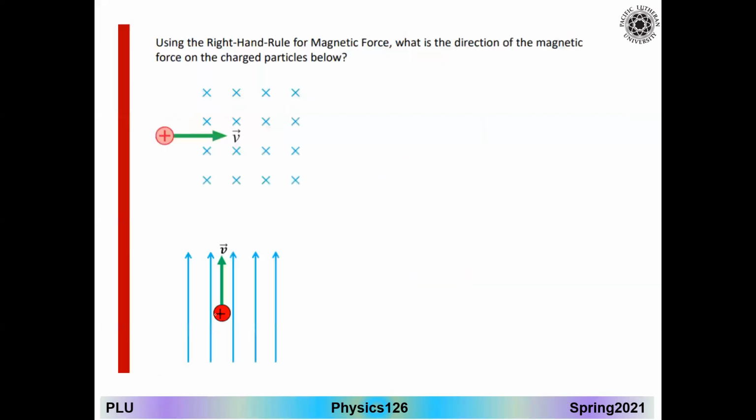Let's apply another example. We have a positive particle with a certain velocity going to the right, and the magnetic field is pointed into the page. We need to identify the magnetic force direction using the right hand.